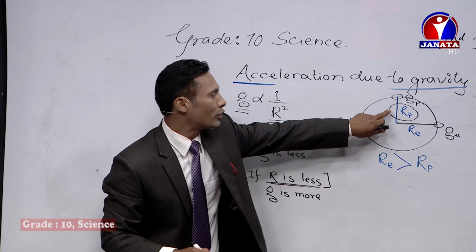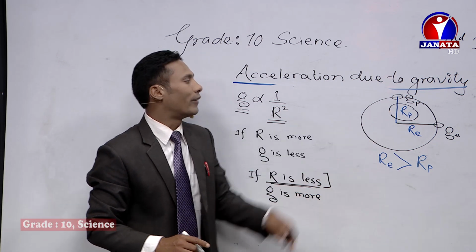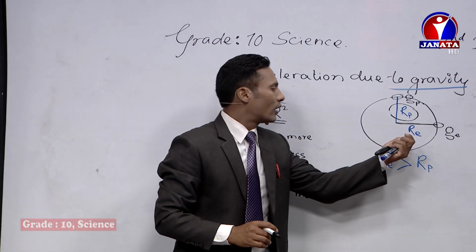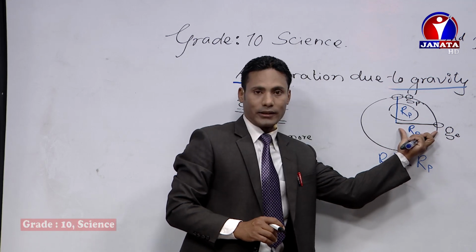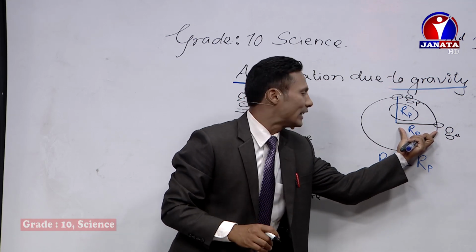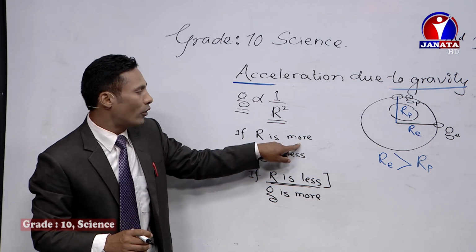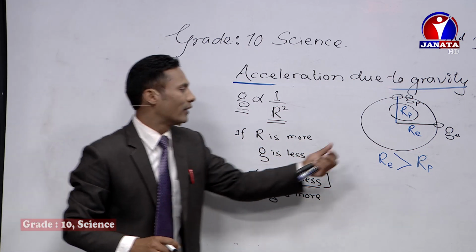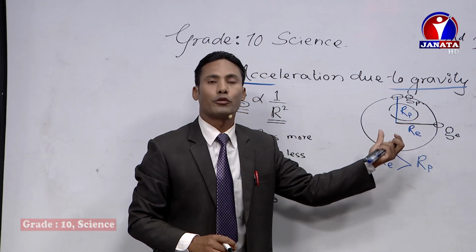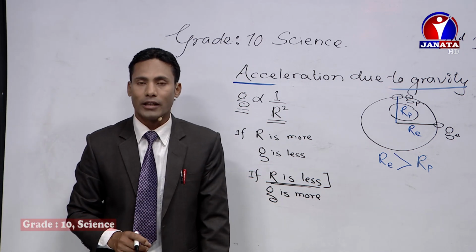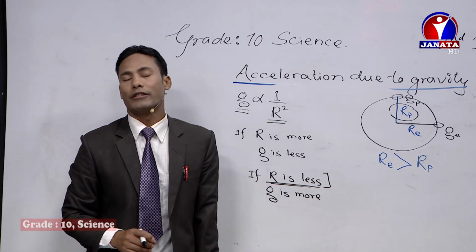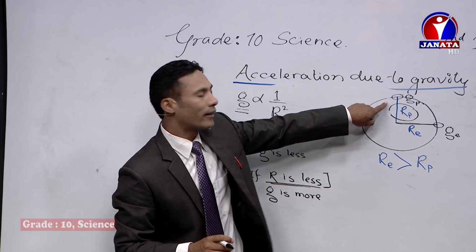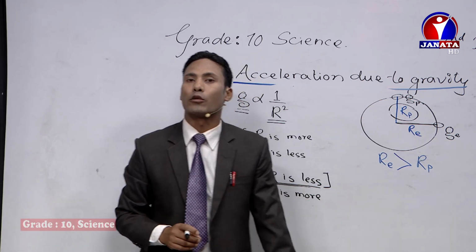Clear? Similarly, the radius of the equatorial region is more, so the value of g is less at the equatorial region. So due to the change in the radius of the earth at the polar region and the equatorial region, the value of acceleration due to gravity varies: more in the polar region and less in the equatorial region.